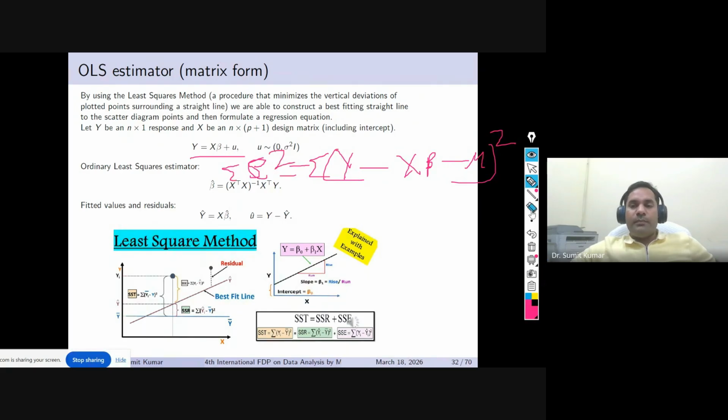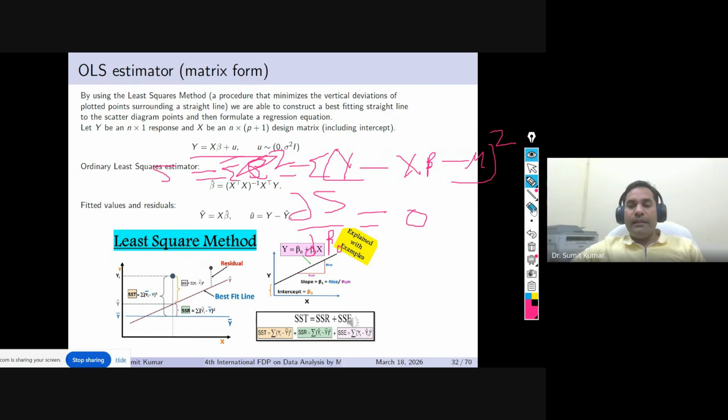Or just by taking another symbol, you can define it as S. As you have to find the least square value, by using the maxima-minima rule, you have to find the derivative with respect to the parameters, del S by del beta naught and del S by del beta 1. When you get these, you have to put them equal to 0.